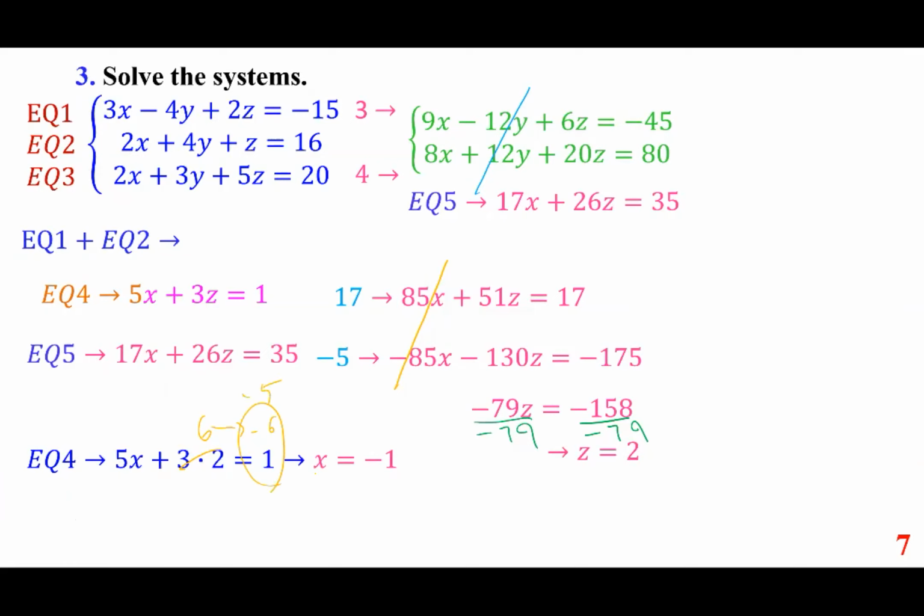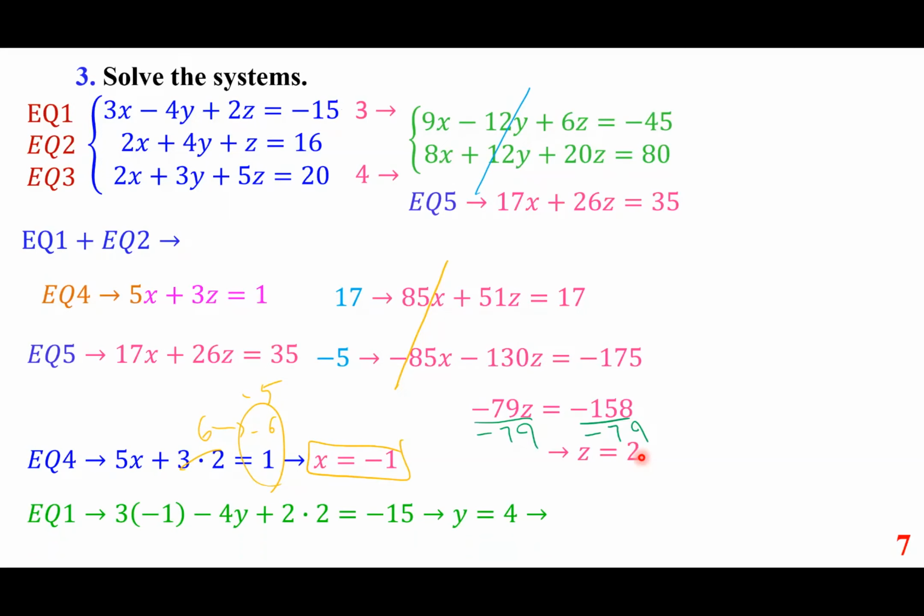Divide by 5, x becomes 1. Now you must go to one of the original equations because it's got all three variables. For example, this one, 3 times x minus 1, minus 4y, which we don't have, plus 2 times z, which is 2, equals -15.